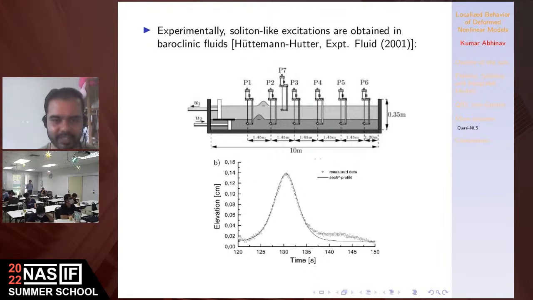But what about the physical systems? So people do experiments. They have these two layers of fluid of different density, and they take some pistons to disturb that system, and they create this hump sequence. These are small excitations which are solitonic. What they experimentally observed, they plotted against a sech squared kind of thing.